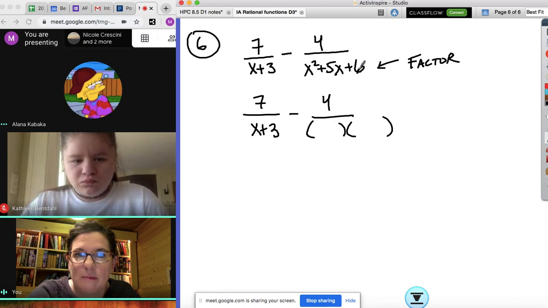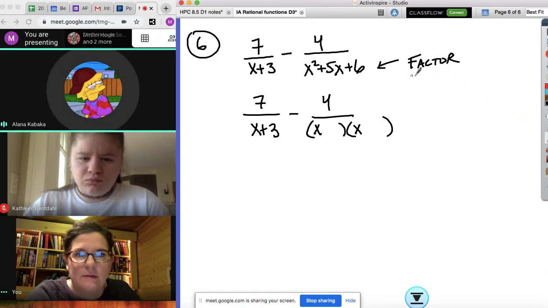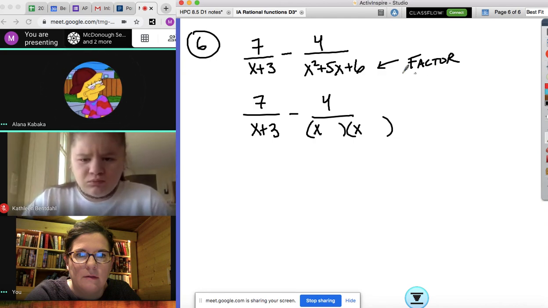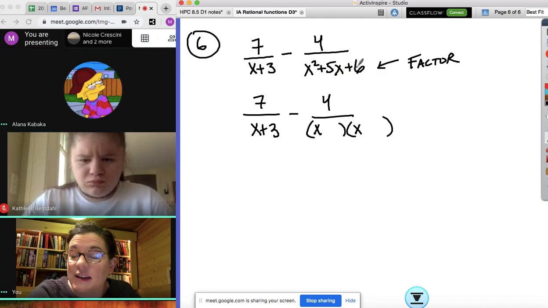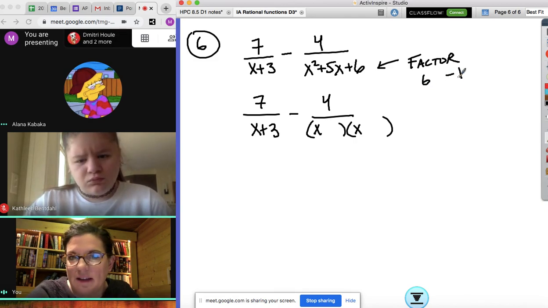Let's try to think of what multiplies to 6 and adds to 5. 6 and -1. Except it has to multiply to a positive 6, and those two would multiply to a -6.